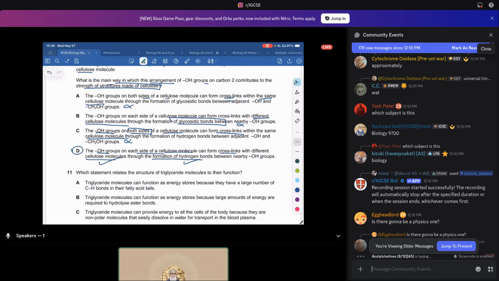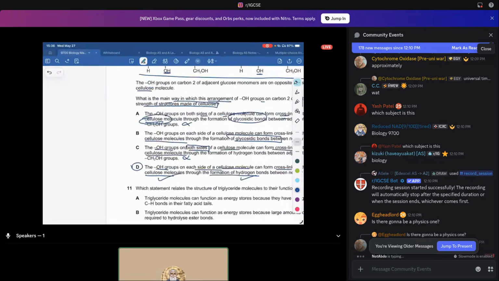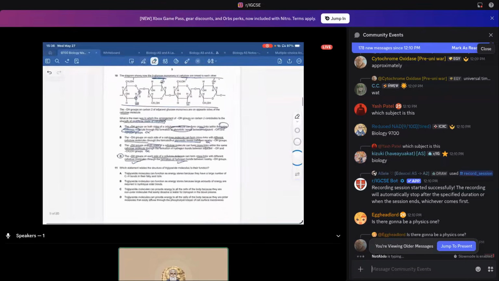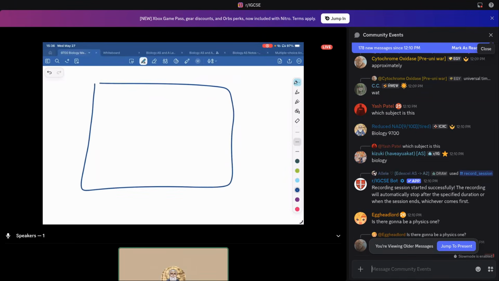One of the key things when solving a question is identifying the different elements in each question. Here the only differences are same cellulose molecule and glycosidic bonds. So this could literally be a table. I need a blank page. Okay.